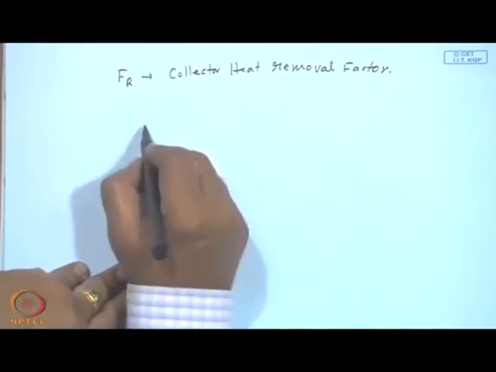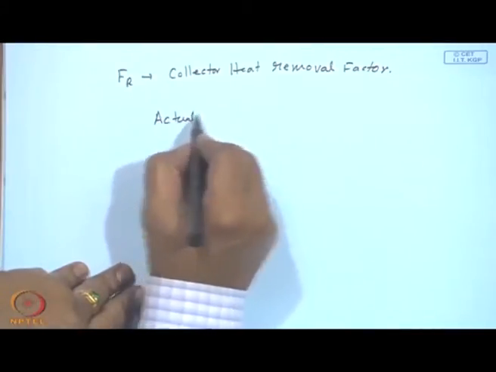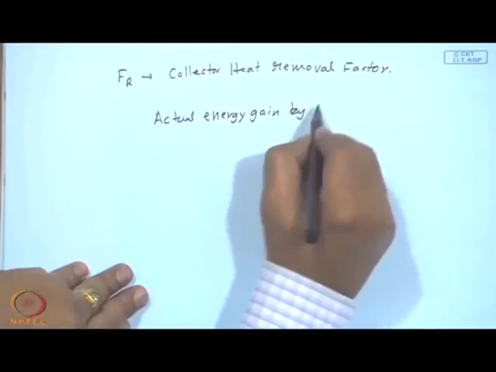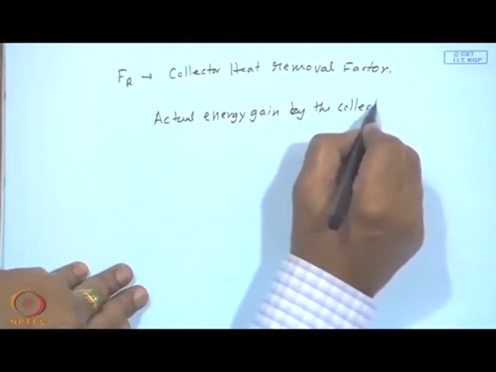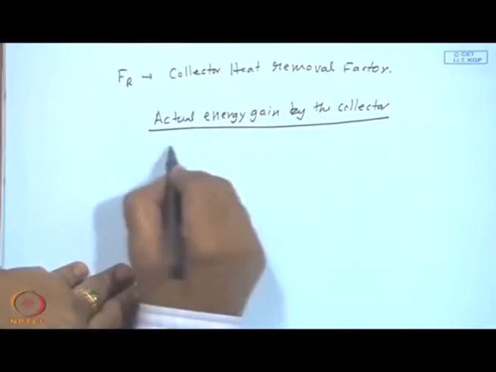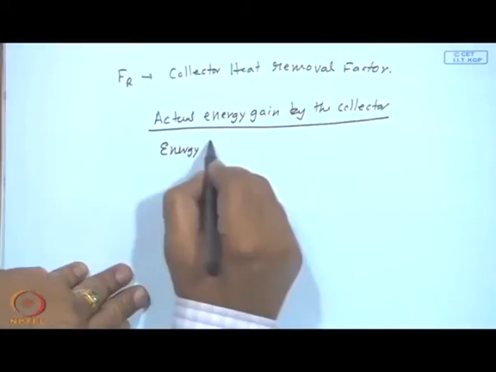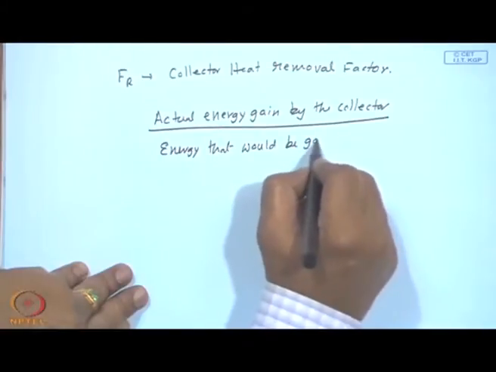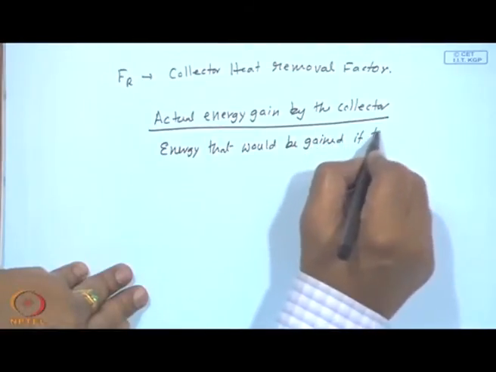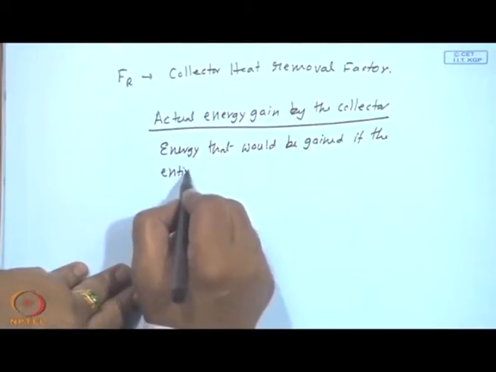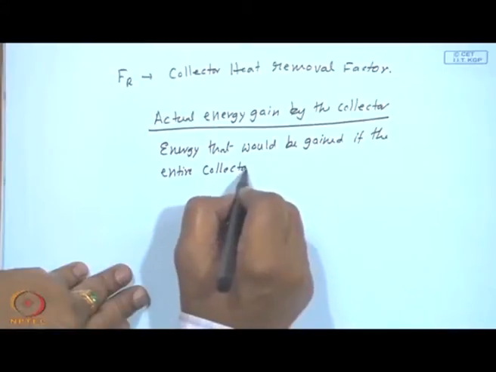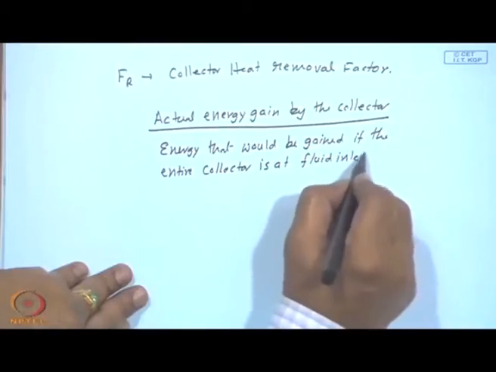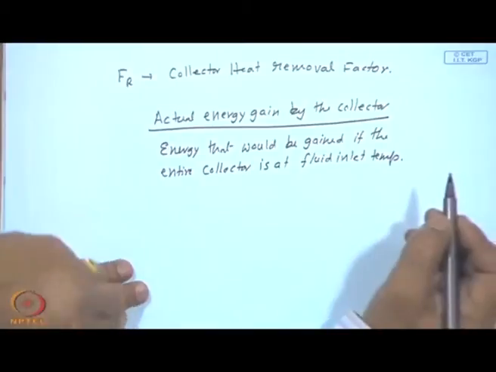So, what does this represent? In a way, it is the actual energy gain by the collector to the energy that would be gained if the entire collector is at fluid inlet temperature.